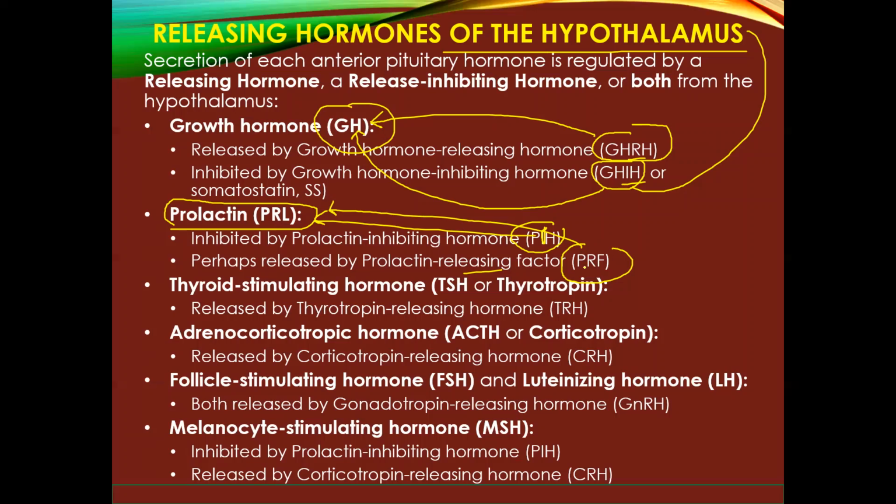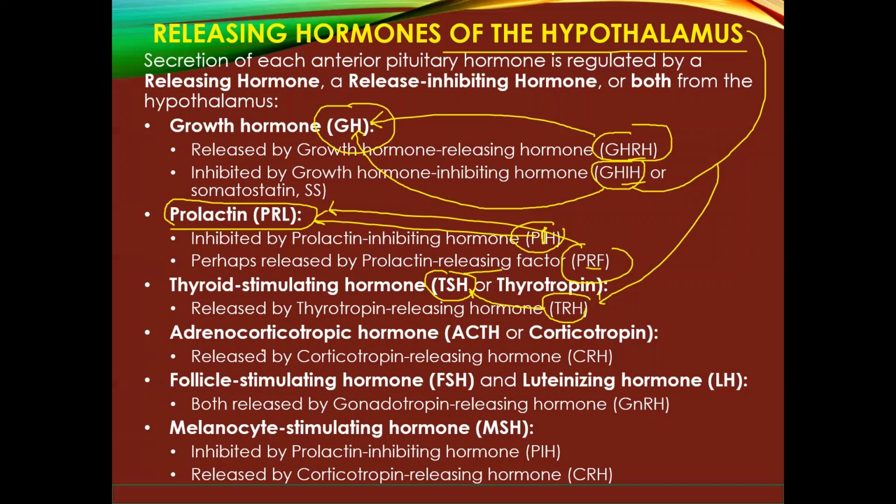So inhibit, increase. The TSH produced by the anterior pituitary gland, the production is actually controlled by the TRH that is produced by the hypothalamus to increase the TSH production.